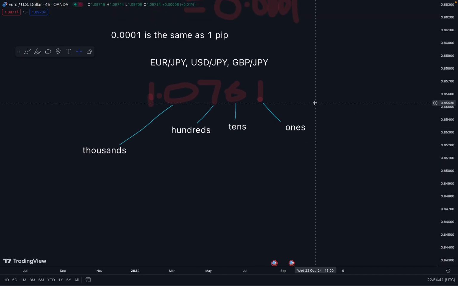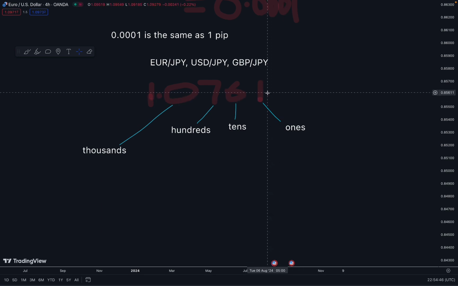So anytime there's a change in this 1 to maybe 3, there has been a change of only 2 pips. And anytime there's a change in this 6 to maybe 8, it means there has been a change of 20 pips. So if you subtract this 6 from the 8, you're going to get 2, and that 2, because it's in the tens, is 20. And if there's any change in this 7 to maybe 8, there has been a change of 100, because you subtract the 7 from the 8, you're going to get 1, and that 1 is in the hundreds. So we have 100 pips movement.